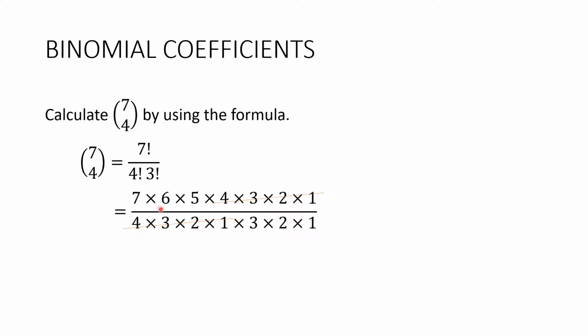So that leaves me 7 by 6 by 5 divided by 3 by 2 by 1. And 3 2's are 6, so they can cancel out as well. And so our answer is 35. I think that could be asked in the non-calculator paper. So you do need to know how to use that and how to cancel these sorts of things out. They wouldn't give you a horrendously difficult one though if they did do that.